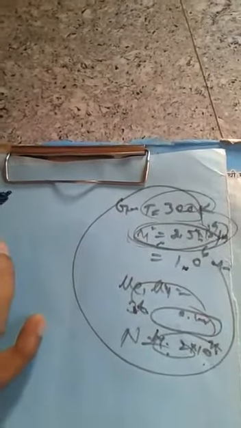Now we will start the formula work. The number of impurity atoms per meter cubed can be written as the ratio of impurity atoms to germanium atoms into the number of germanium atoms.